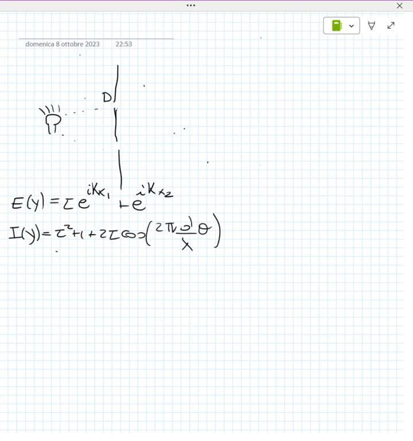And as you can see, this must be greater or equal than, because this is the minimum of this cosine, so this value, this must be greater than this term, and this is equal to tau minus 1 squared, which is greater than or equal to 0.